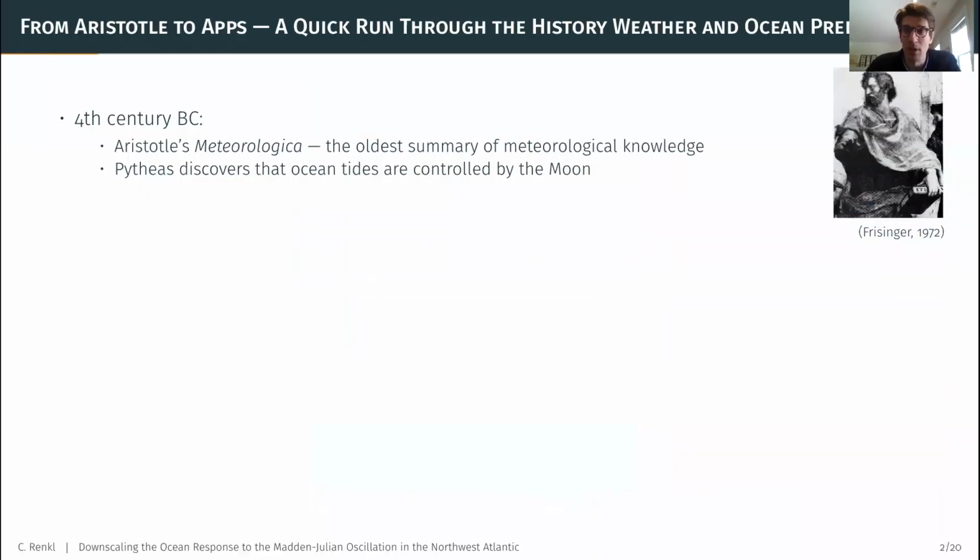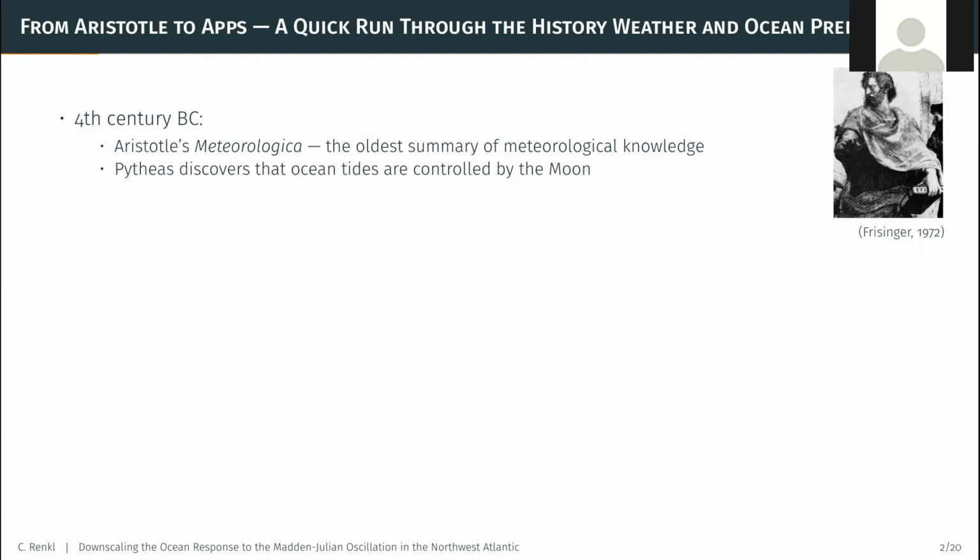And before I'm going into the details, I'm going to make a huge leap going back to the 4th century, sort of talking about the history of weather and ocean prediction, which actually dates back to Aristotle, who wrote his Meteorologica in the 4th century BC, which was the oldest summary of the meteorological knowledge at the time.